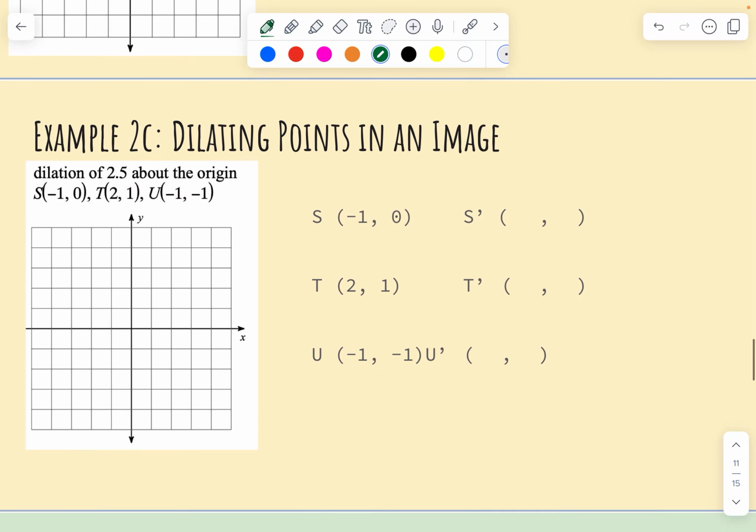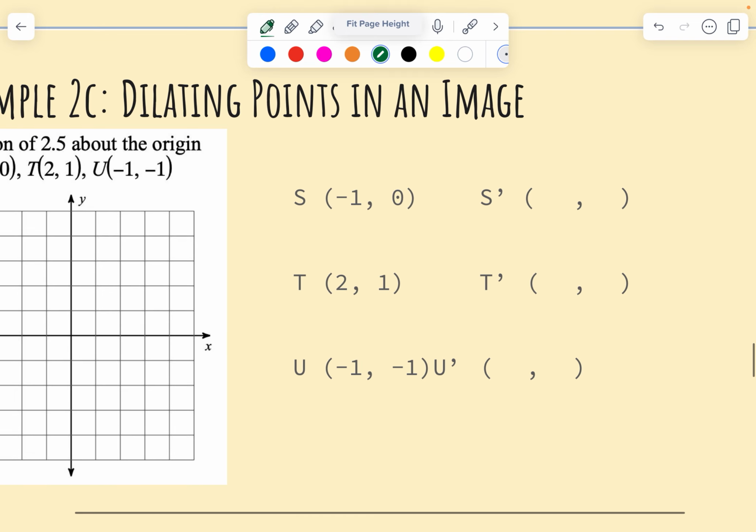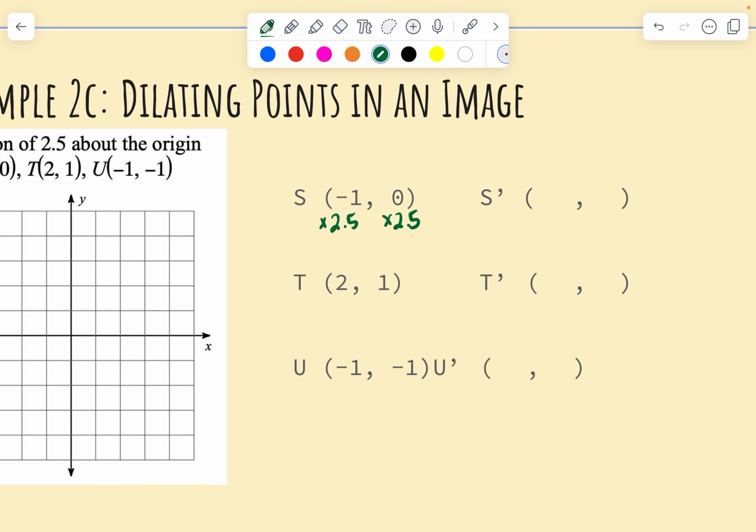So let's do one more, dilation of 2.5. So we're going to multiply everything by 2.5. And then our new coordinates, negative 1 times 2.5 is negative 2.5. 0 times 2.5 is 0. 2 times 2.5 is 5. 1 times 2.5 is 2.5.